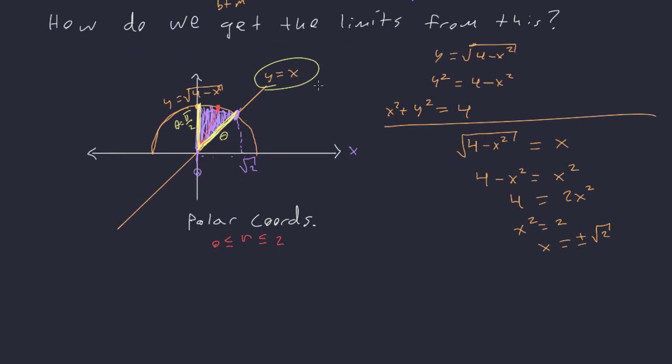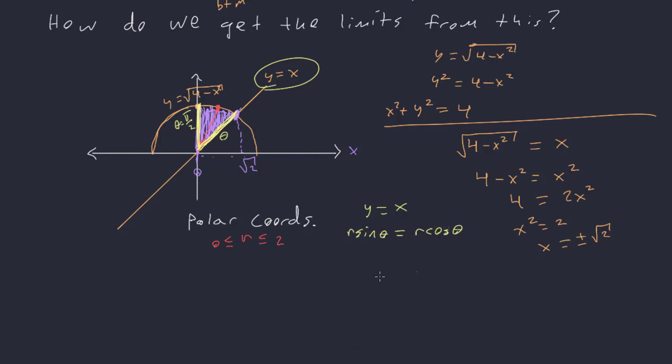Well, a couple ways. But I'm going to suggest looking at this, y equals x. Well, if y is equal to x, because that's sort of the line we're talking about right here, right? If we use our transformation, that means r sine theta is equal to r cosine theta.